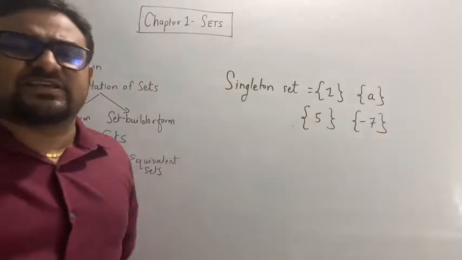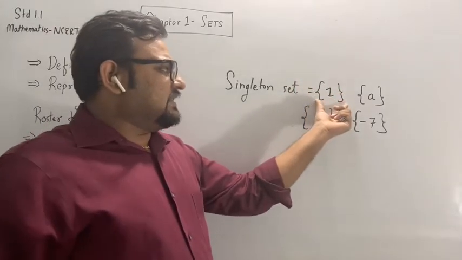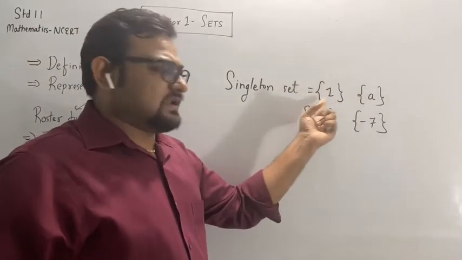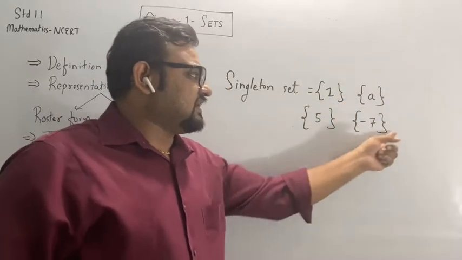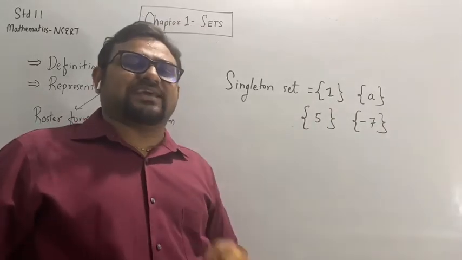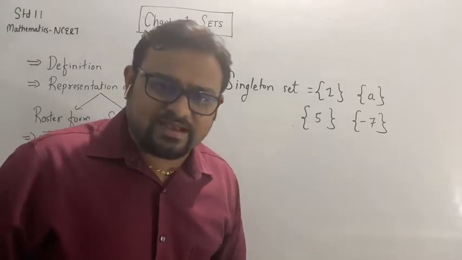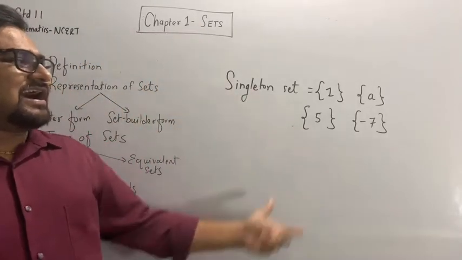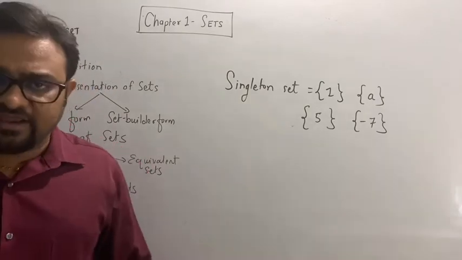These are all singleton sets. See, when it is denoted in the bracket, then this is a complete set. This is another complete set. This is also one of the sets, and this is also one of the sets. And in all the sets, there is only a single element. Hence, these are singleton sets.